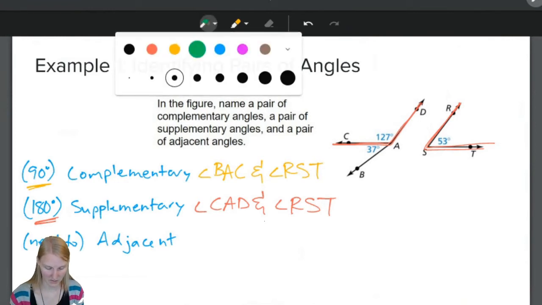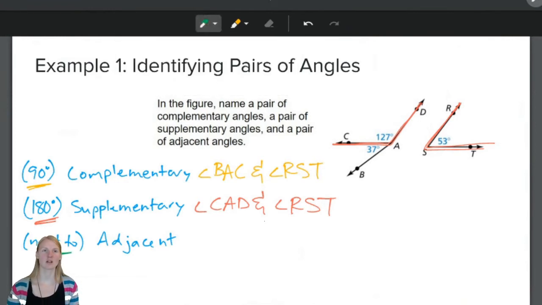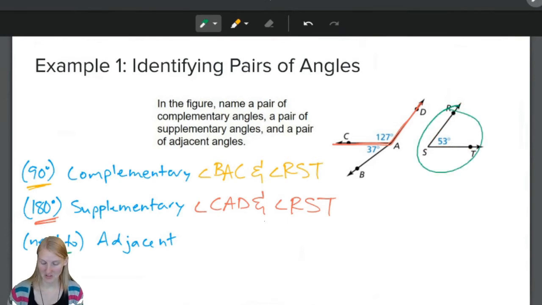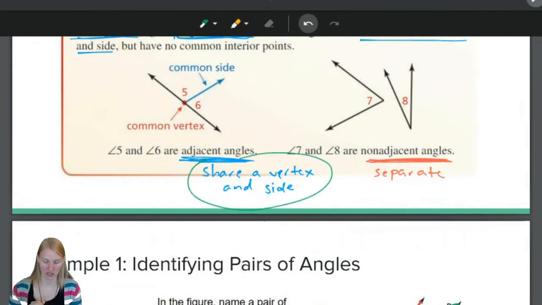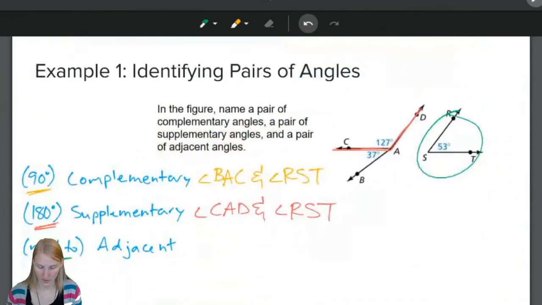Okay, next, different color. We want angles that are adjacent to each other or next to each other. So, this angle is not next to any angle. It's just out there floating by itself. Remember that adjacent angles have to share a vertex and a side. That's what makes them adjacent. But these two angles, look at that.